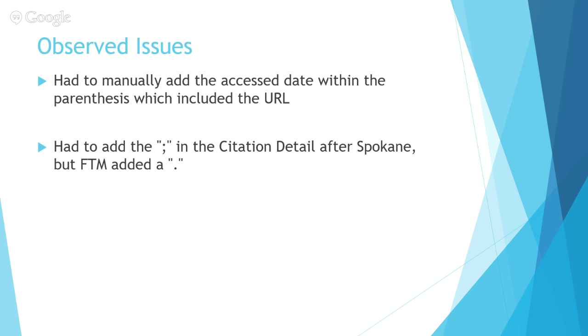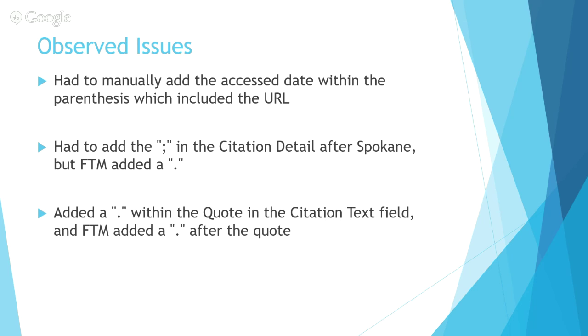The other thing is that in the citation detail, I had to add the semicolon. Remember the semicolon thing that I mentioned? I had to add it. Family Tree Maker added a period. I cannot control that.